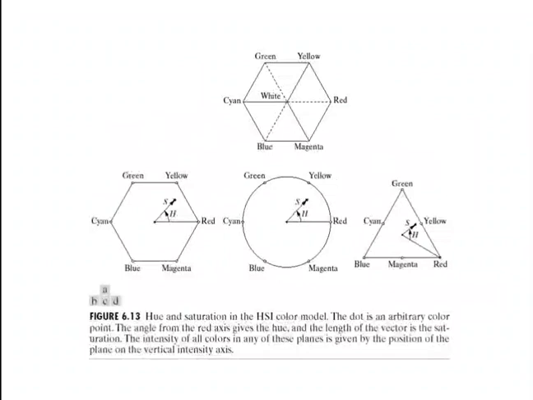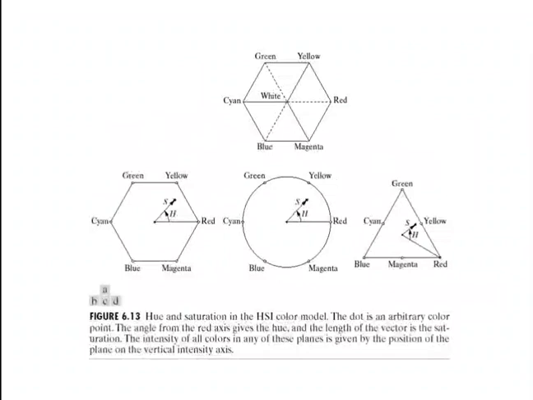The hue of the point is determined by an angle from some reference point, usually but not always an angle of 0 degrees from the red axis, which designates 0 hue, and the hue increases counterclockwise from there. The saturation, that is the distance from the vertical axis, is the length of the vector from the origin to the point.